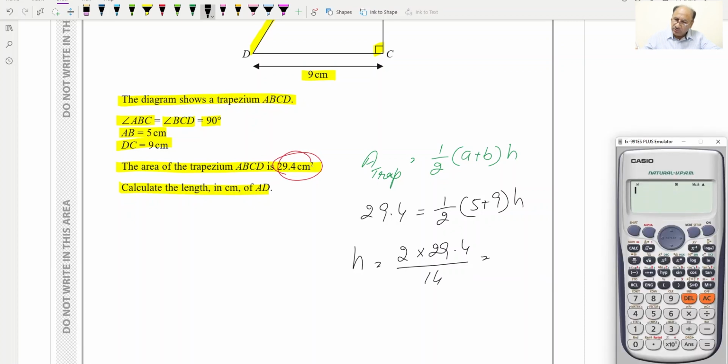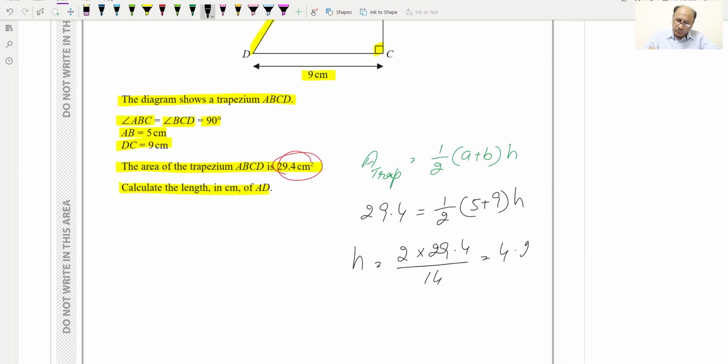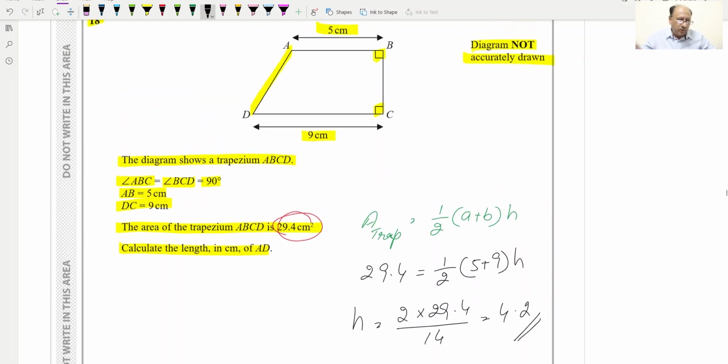With the help of a calculator, 2 multiplied by 29.4 and divided by 14 is equal to 4.2. This will be our perpendicular height, which we can indicate on the drawing also. This is 4.2.